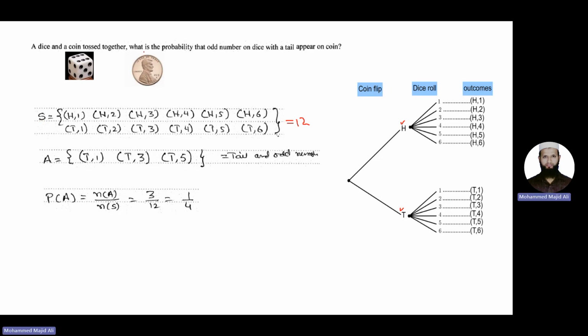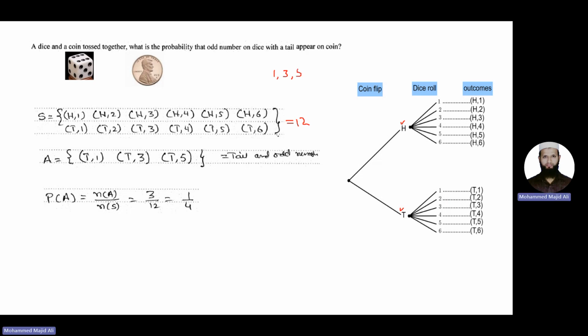Now what do we have to find here? The probability that an odd number on the dice with a tail appears on the coin. So how many odd numbers are there on a dice? 3 odd numbers are there. What are the 3 numbers? 1, 3, and 5.